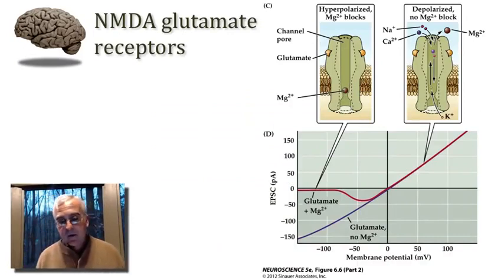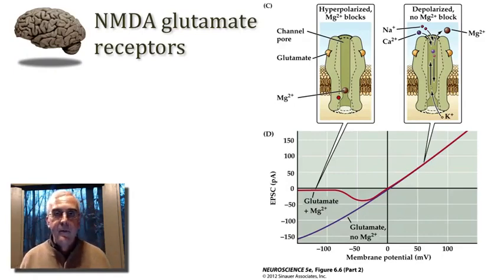So let's look in a bit more detail now at the behavior of one very important ionotropic receptor for glutamate, and that's the NMDA receptor. Here in the upper right, we see an illustration of this receptor. It is formed by the aggregation of typically 4 subunits.